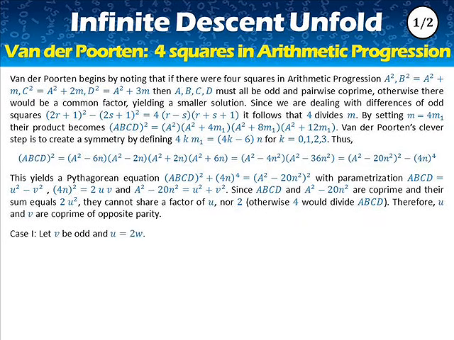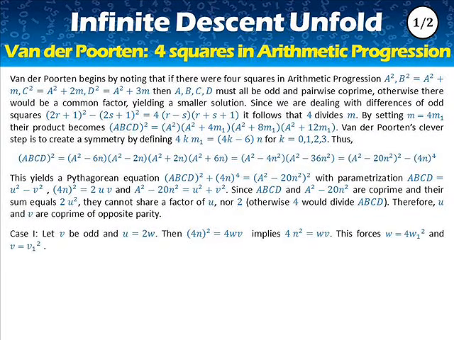Case 1. Let v be odd, then u equals 2 times w. Then the square of 4n equals 4 times w times v, implying 4 times n squared equals w times v. This forces w to be 4 times a square and v also to be a square.